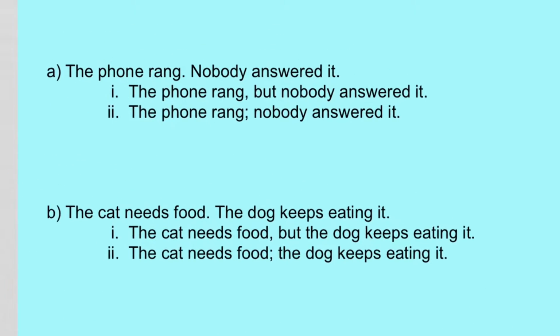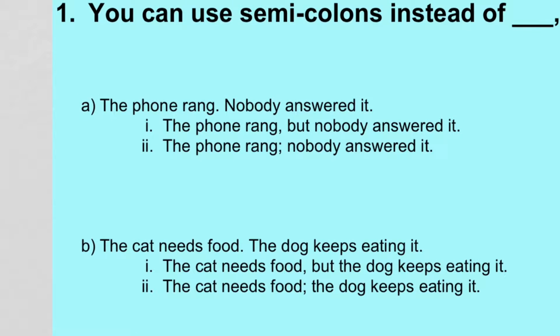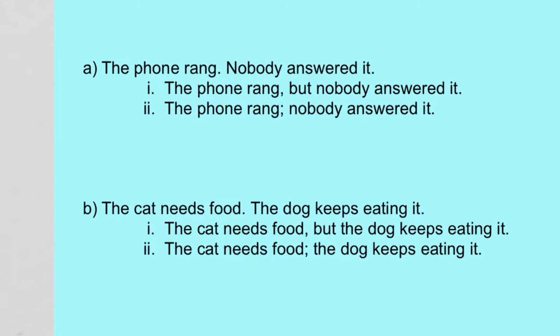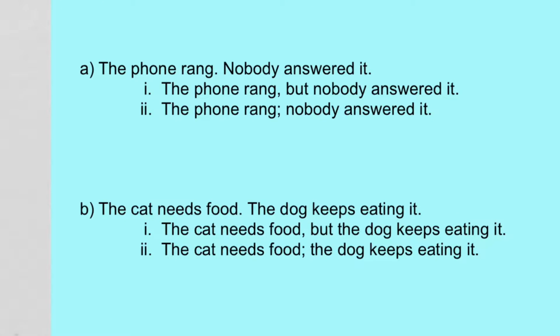Example A. The phone rang. Nobody answered it. So you could start off with 2 separate sentences. And then using comma but, you could put those sentences together to make one sentence. The phone rang, comma, but nobody answered it. Then, instead of having comma but, another option would be just to put the semicolon in. The phone rang, semicolon, nobody answered it.